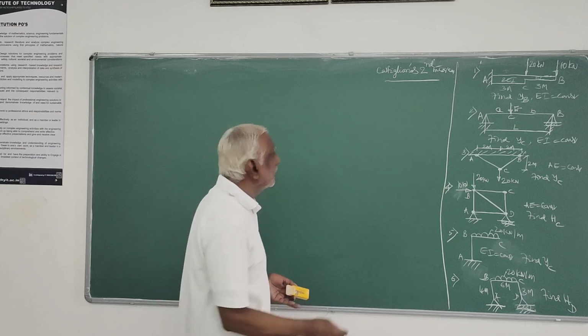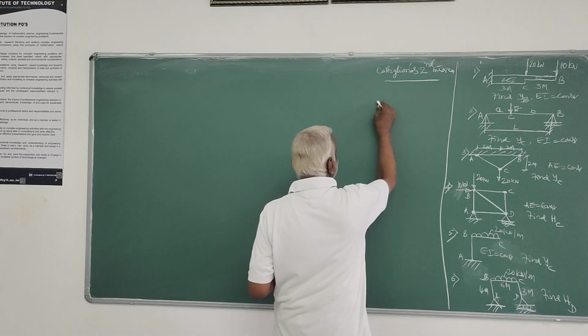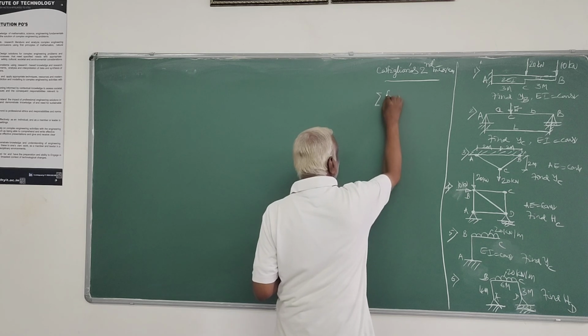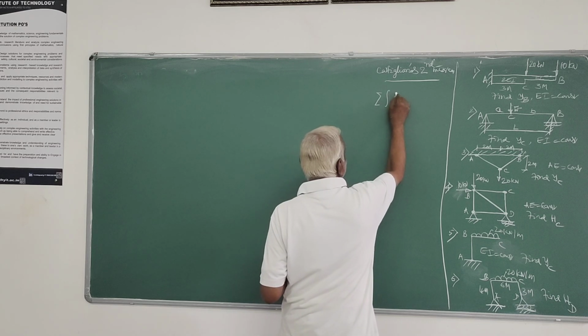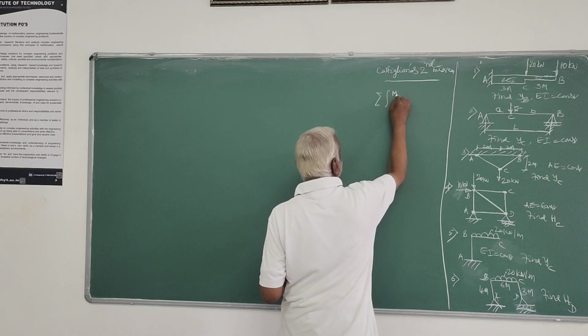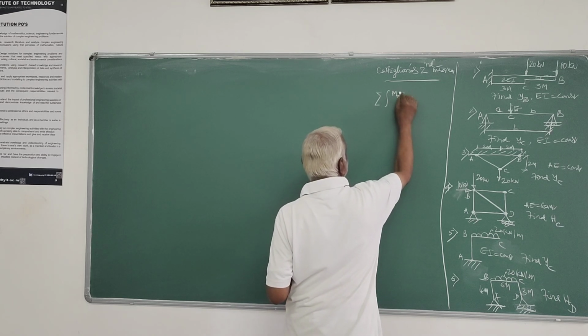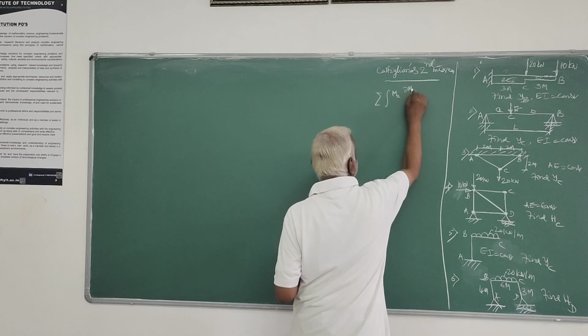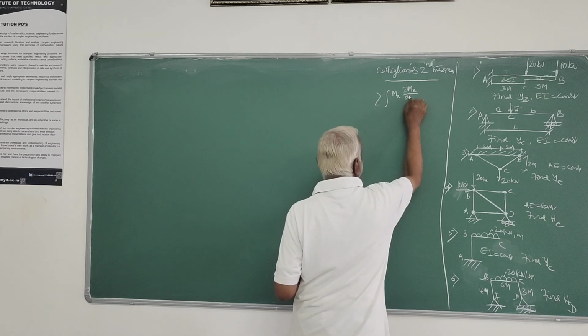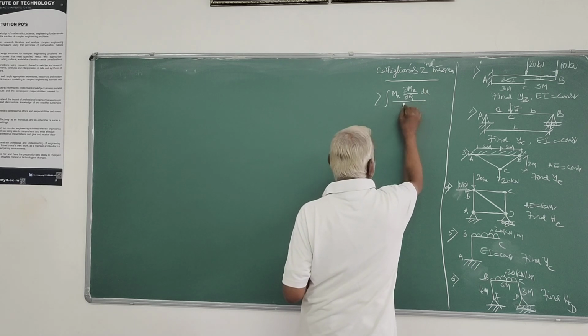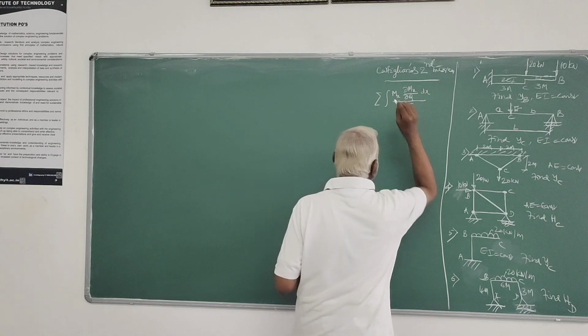That's what I have told. The equation for flexural members is: integral of M_x, partial derivative of M_x with respect to Q, dx divided by EI.